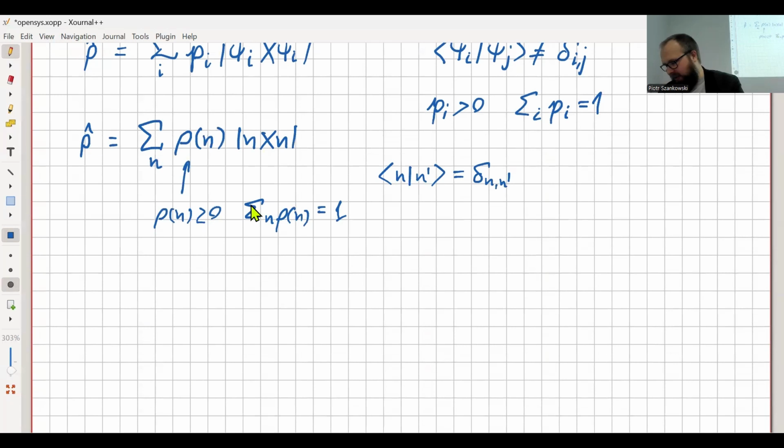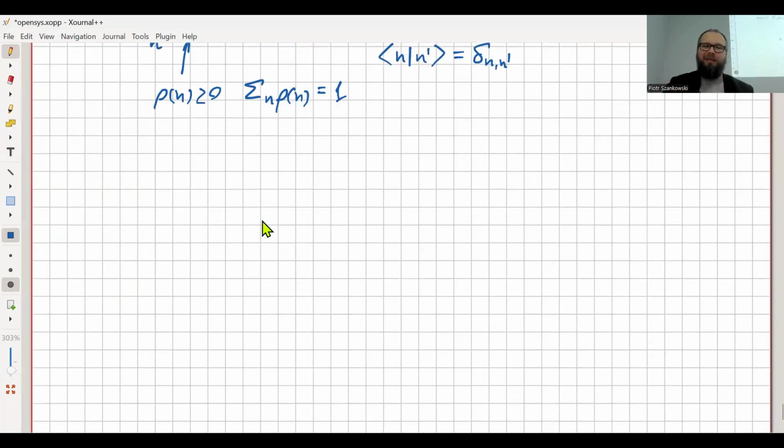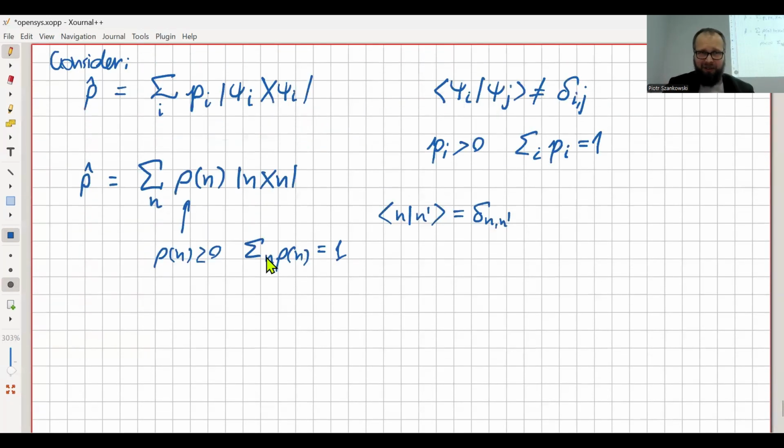What else? What else to say? Oh, apropos measurements. You know, the state on its own, even in the standard formulation of quantum mechanics, is just a thing.